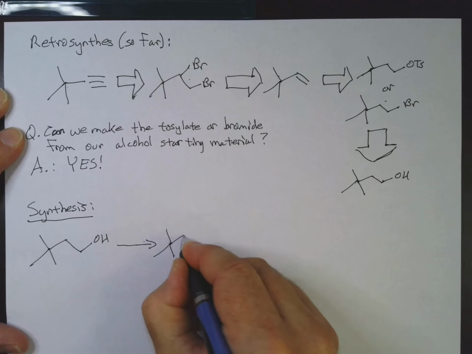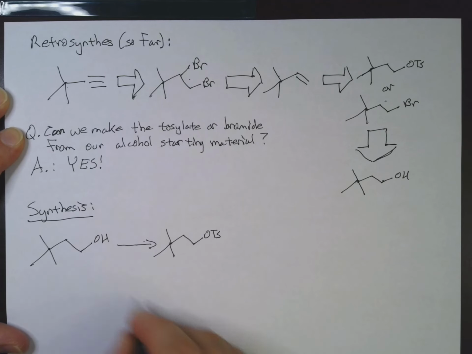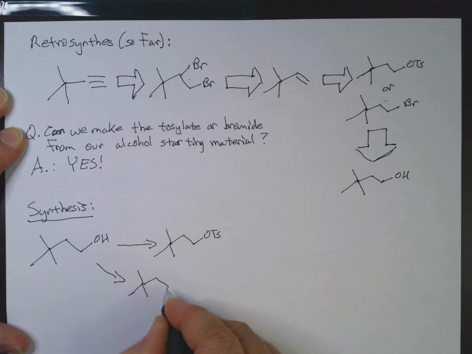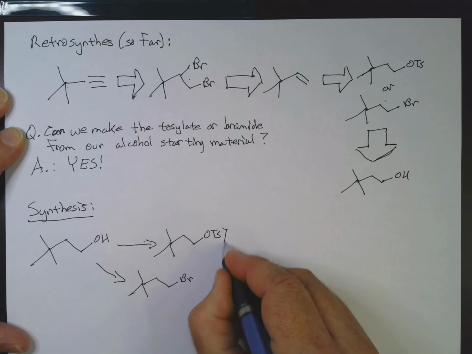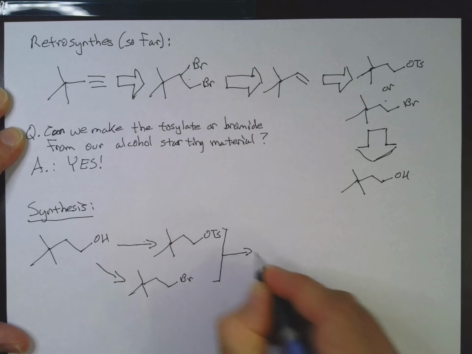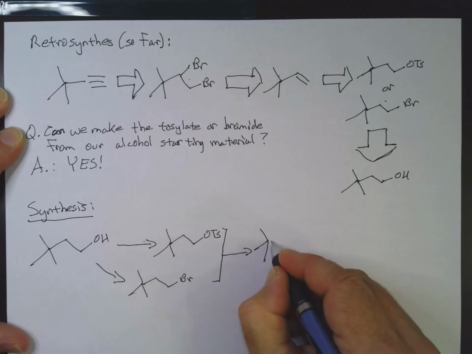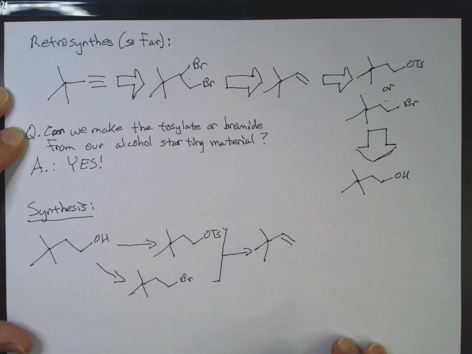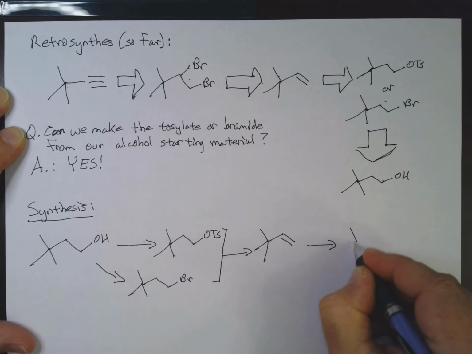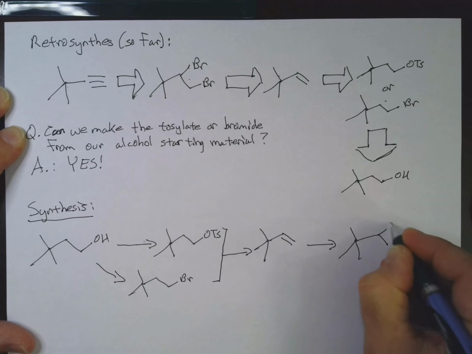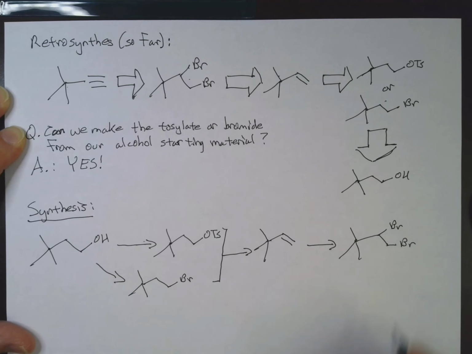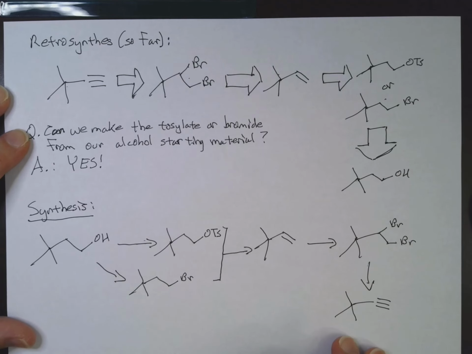Let's make the tosylate, OTS, or I could make that guy there, and then either of these I can then react to get my alkene, which then I can react to get my dibromide, and then that will react to get my alkyne.